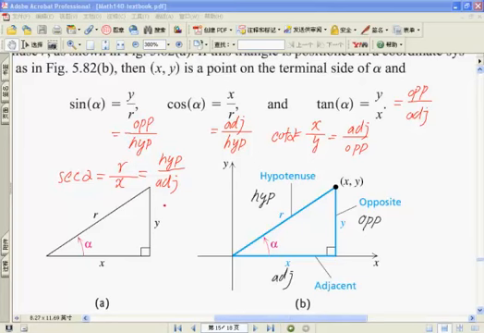And then we have the cosecant alpha, which is equal to r over y, so this is equal to the hypotenuse over the opposite. So use this to help you memorize the 6 trigonometric function values of an acute angle in a right triangle.